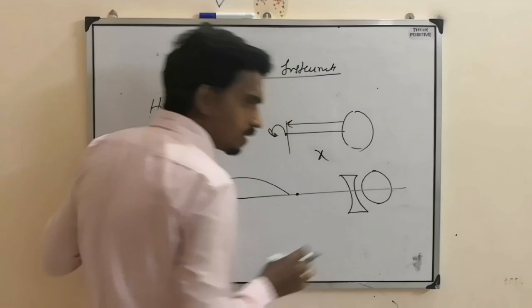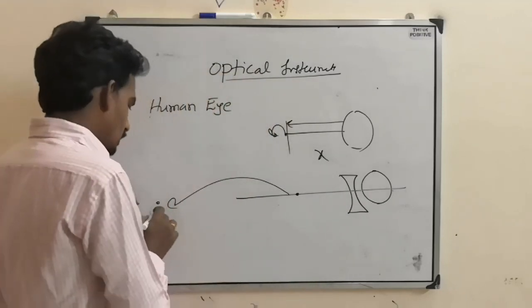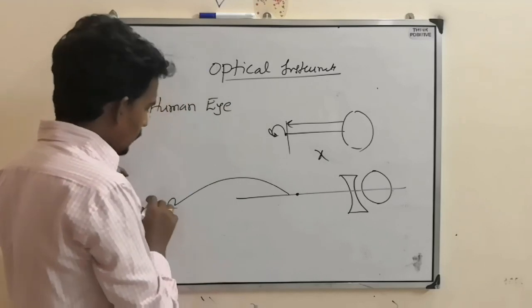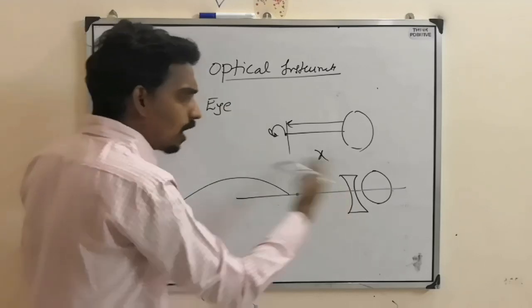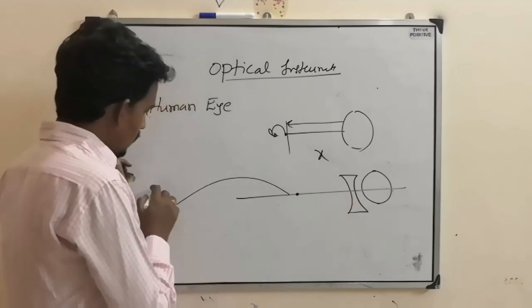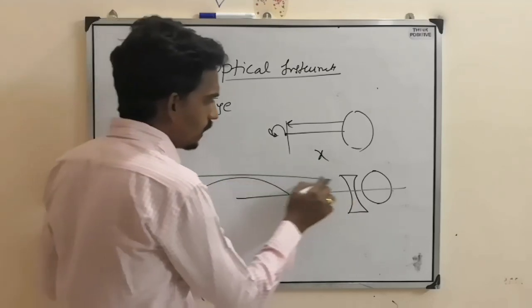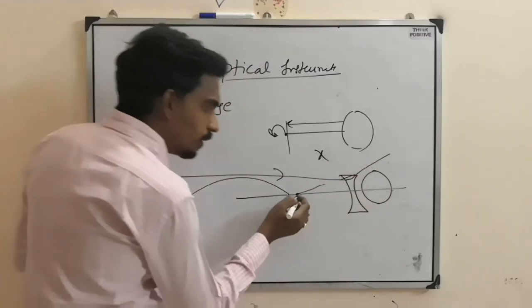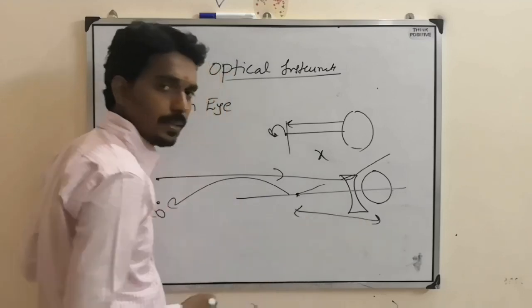You have to arrange this such that the farthest object, the one at infinity, you can see, and the remaining ones too.